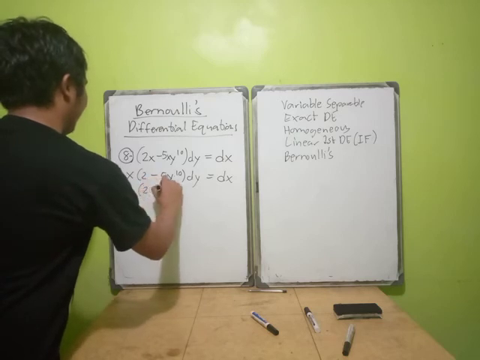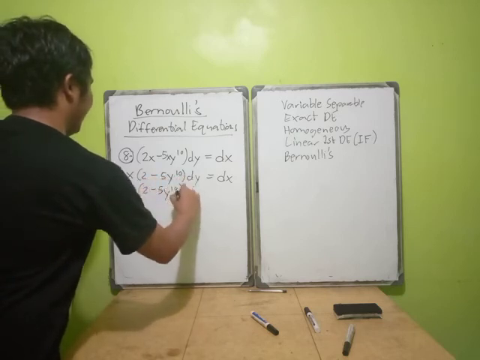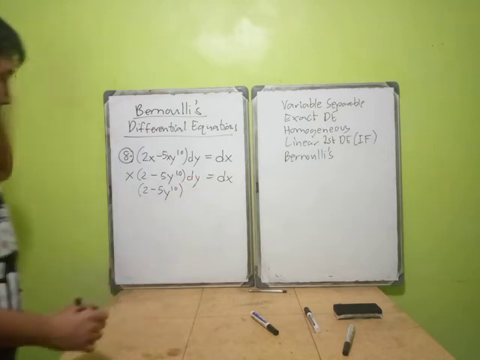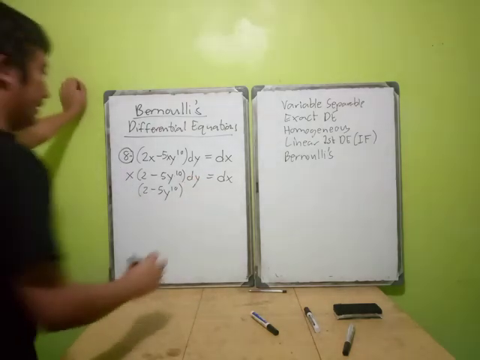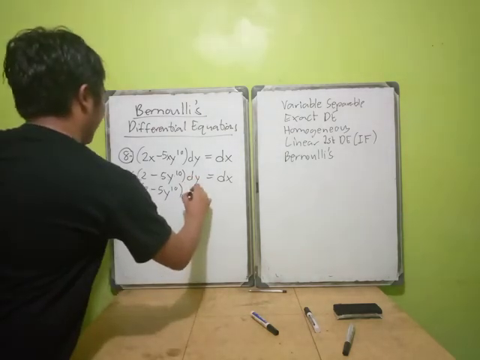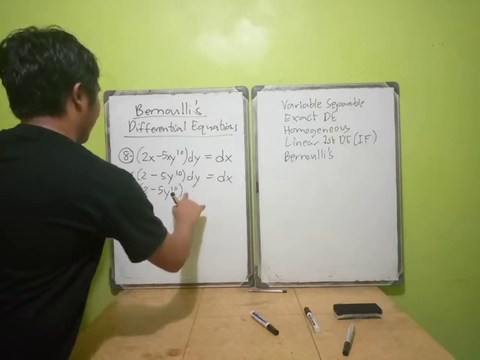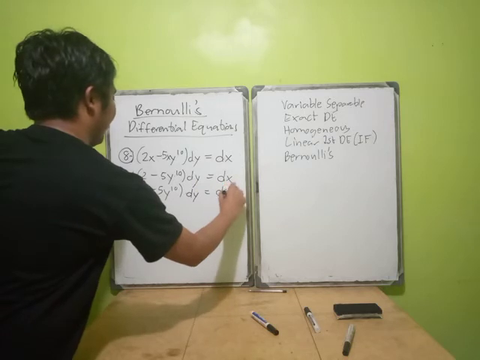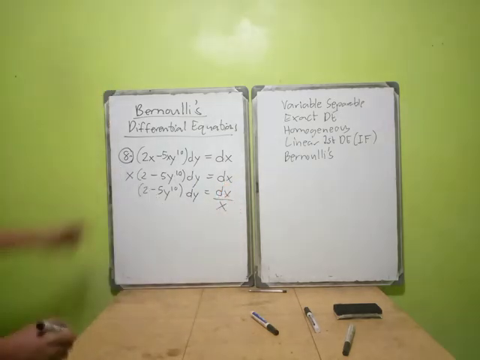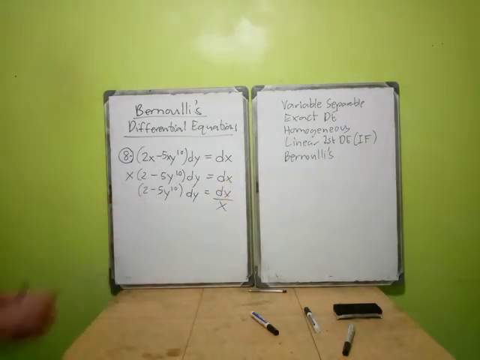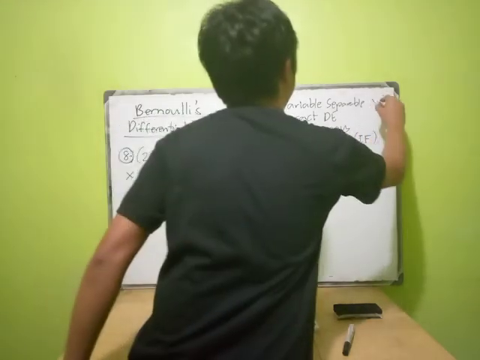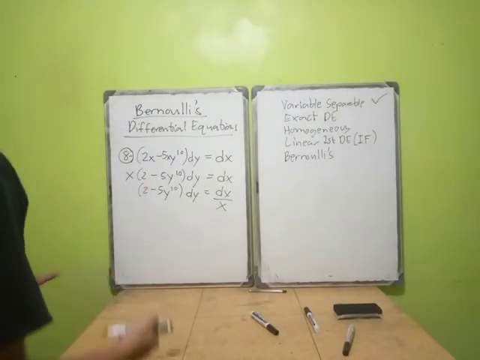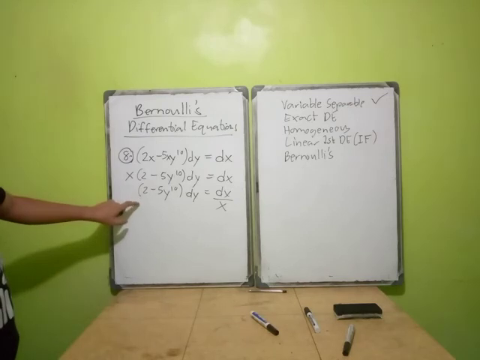Okay? So 2 minus 5y to the 10 dy equals dx over x. So therefore, it is variable separable. Okay? It is variable separable.